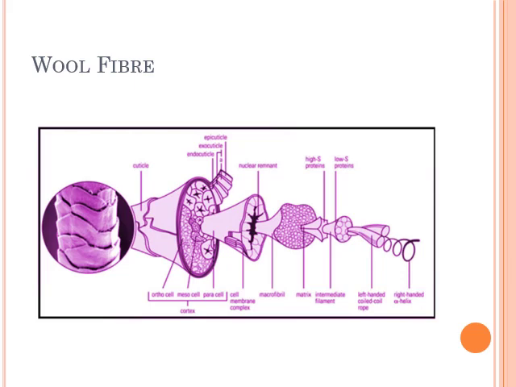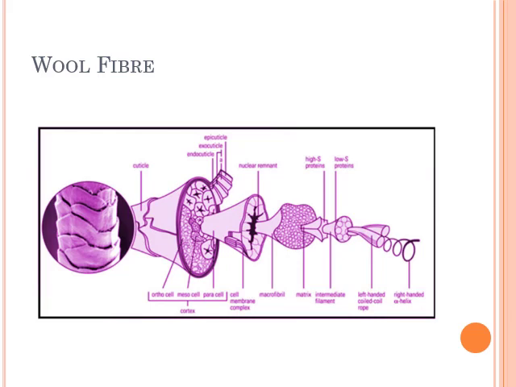It is composed of two regions known as the ortho and paracortex. The orthocortex absorbs more dye than the paracortex. The orthocortex and paracortex spiral around one another.